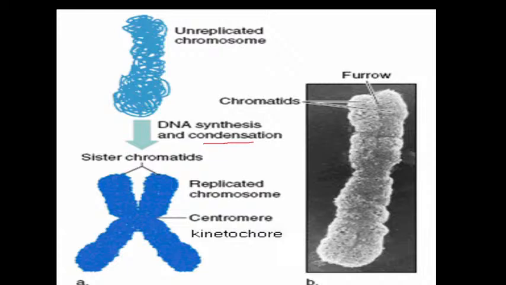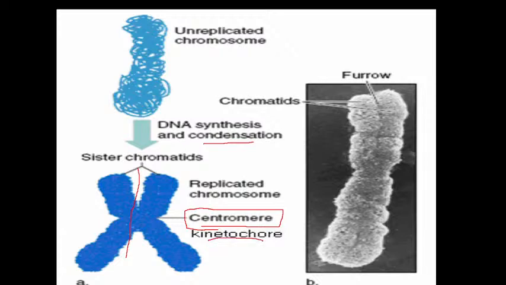The two sister chromatids are joined together at a particular region called the centromere, and adjacent to the centromere there is a structure called the kinetochore.